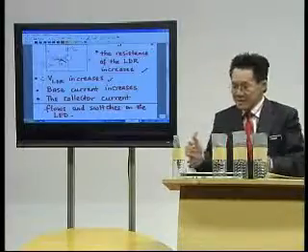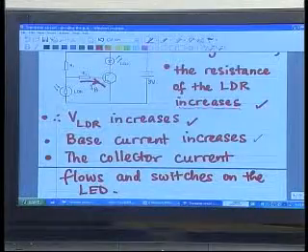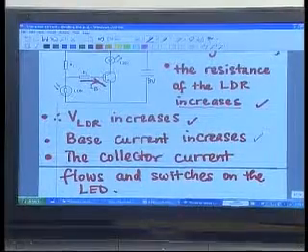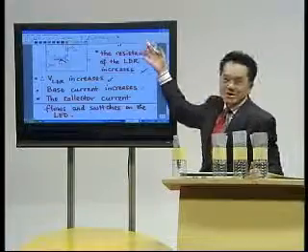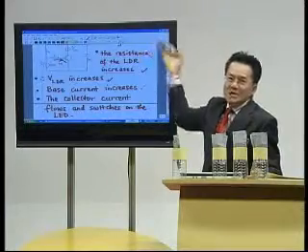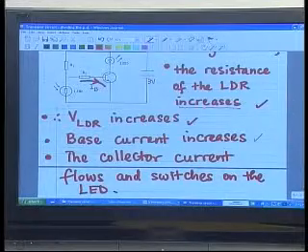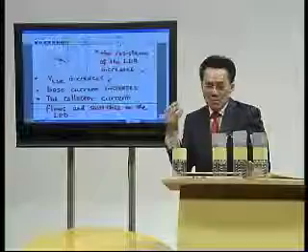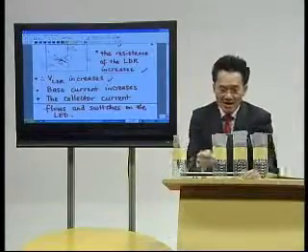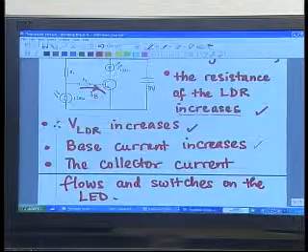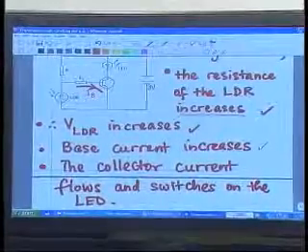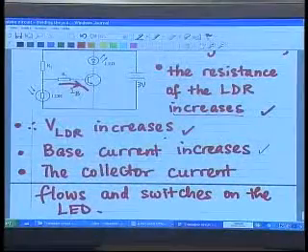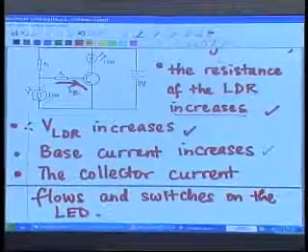So basically, these are the main points that we need to write, that we need to understand. But you will understand that this page, I explained it only in a short while, but what is most important is to understand the concept that the potential difference across the light-dependent resistor goes up or increases when the resistance of the LDR increases.